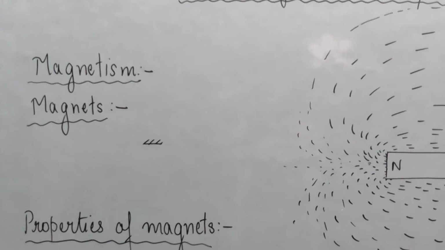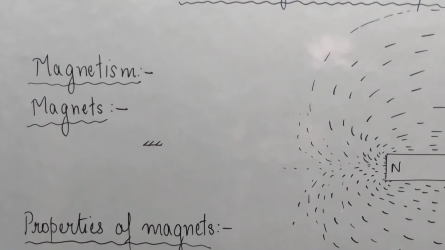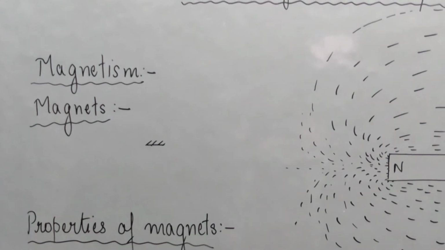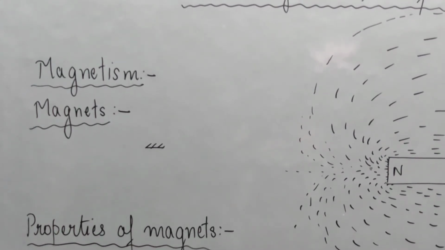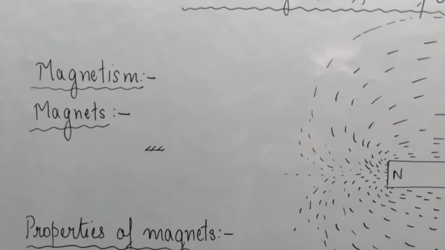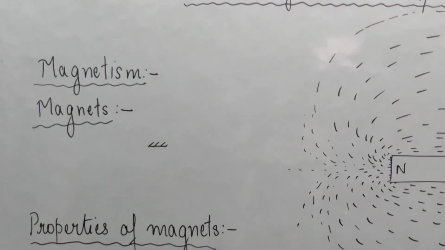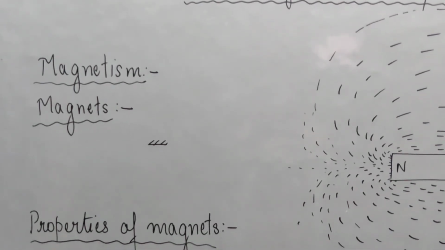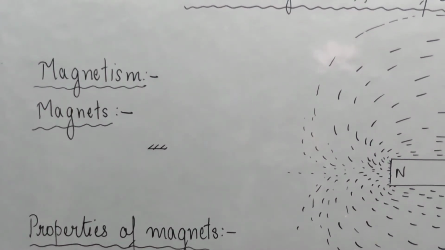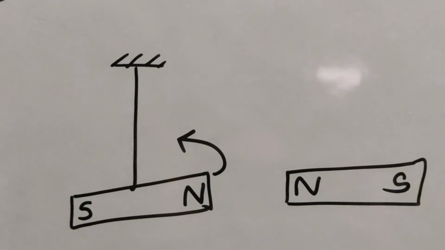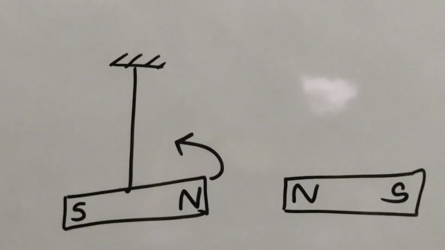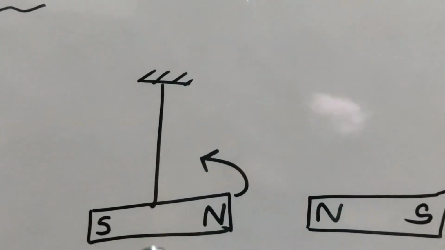So bar magnets have two poles, North Pole and South Pole. Suppose a magnet is freely suspended. I am not drawing the diagram here as you have done this in lower classes, but let me draw the diagram otherwise. Let's assume that a bar magnet is suspended freely from a rigid support here.